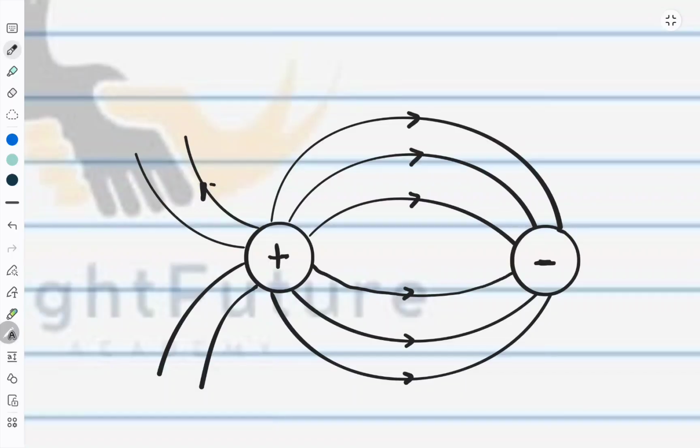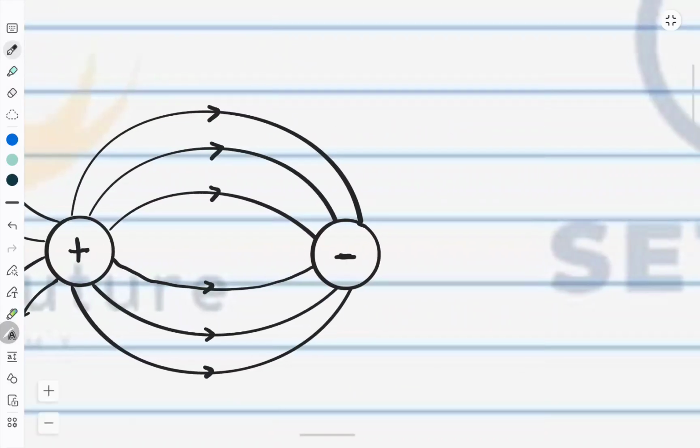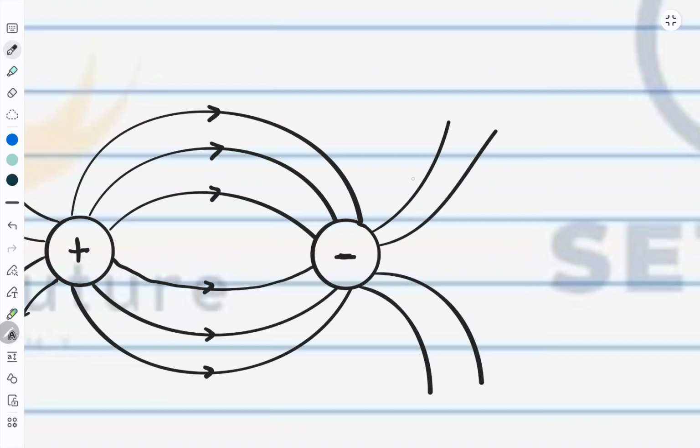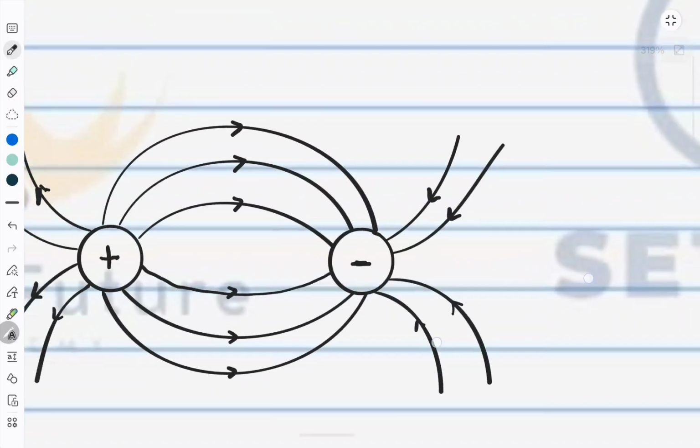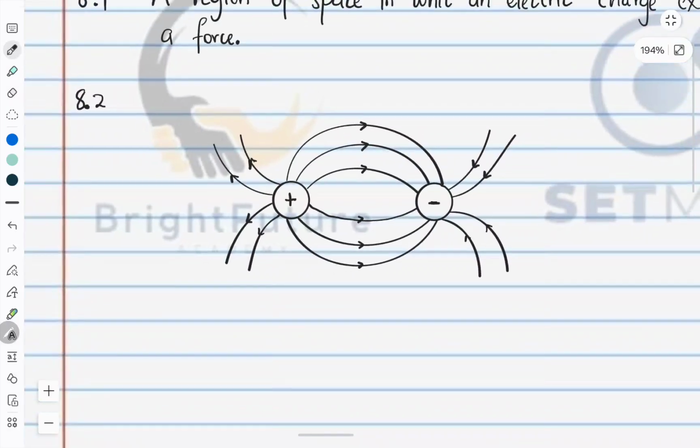They are going out, going out, going out, going out. Here we do the same thing. Let me draw 2 as well here. So these are going in, going in, going in, going in. So this is how you would draw the field lines.